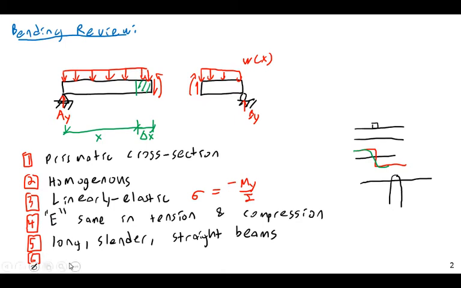But anyway, that's more the theory of engineering. Our sixth assumption, which you've seen before, is that plane sections remain plane. In other words, this can be approximated as small deformations.